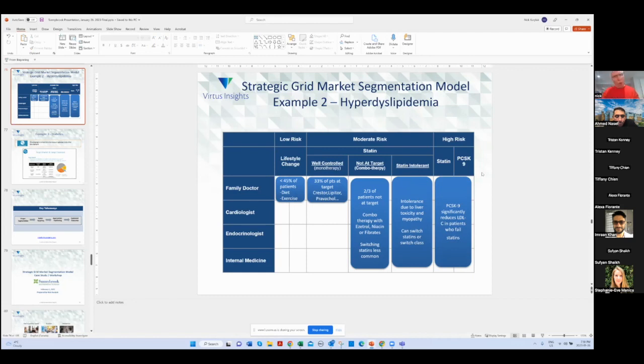You should go back and reevaluate all of your competitive assessments and also your market segmentation models, just to examine, does the model change in any way? In this case, it did. There now is a new segment, and that segment is the high-risk patients who now can be treated with PCSK9s. And that didn't exist before.